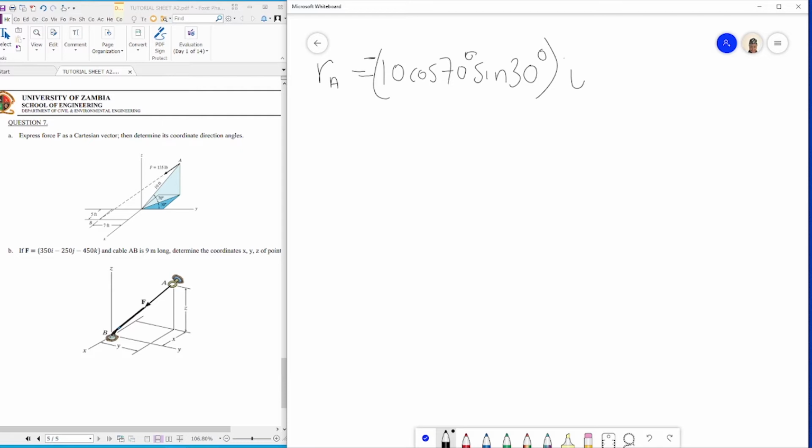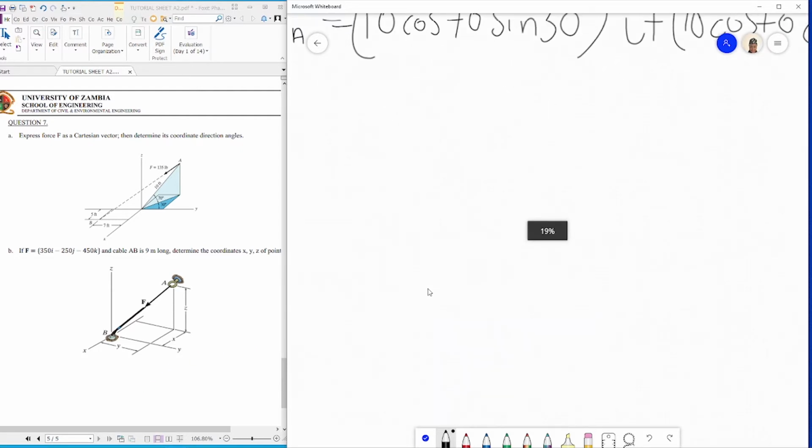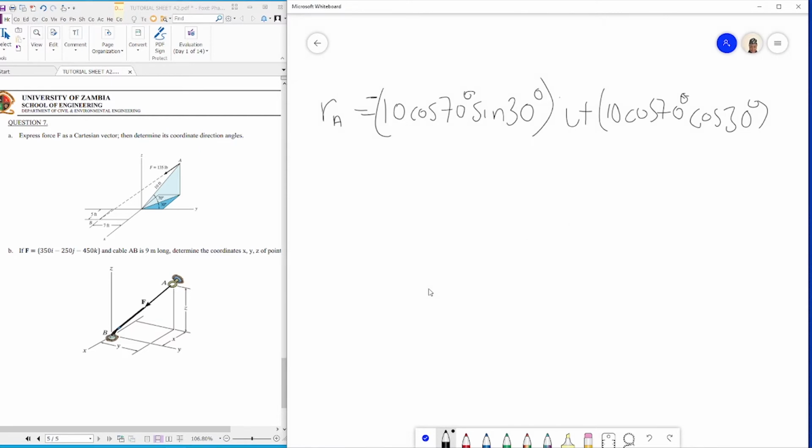Then the Y is positive, it's plus 10 cos 70 degrees times cos 30 degrees. That's our j.